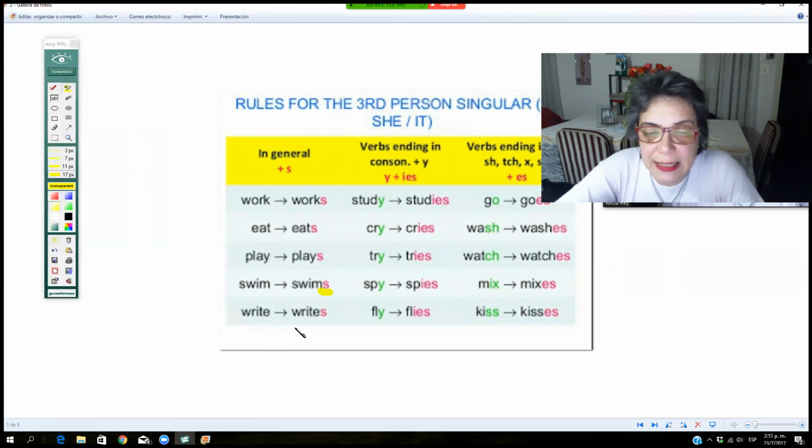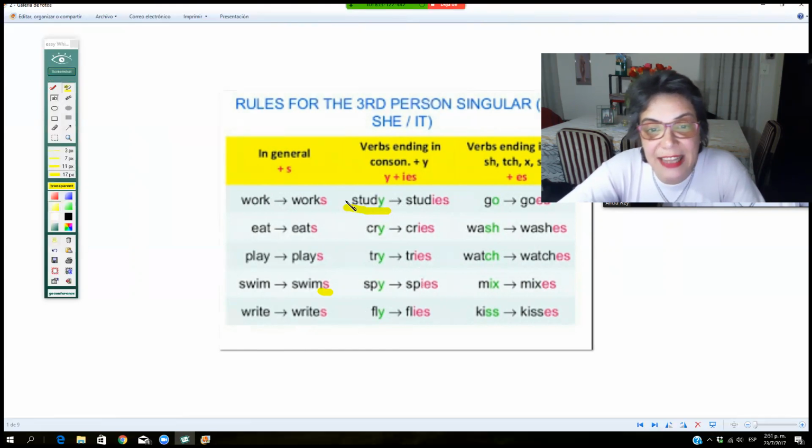There is a little change to that rule when the verbs finish in Y. For example, study, cry, try, spy, fly.